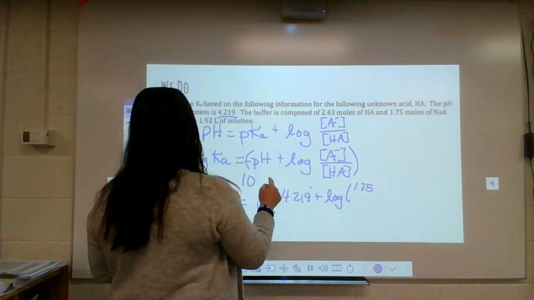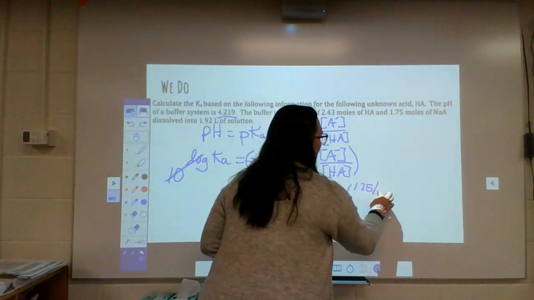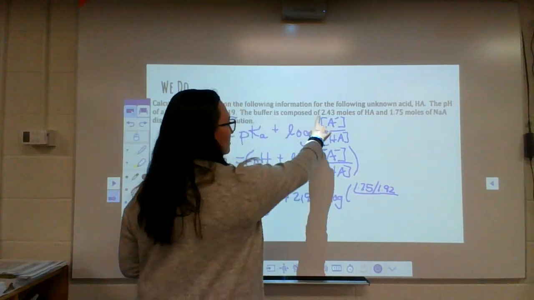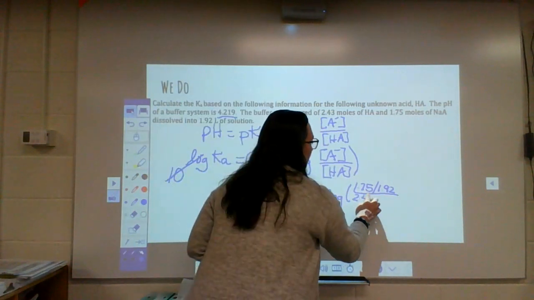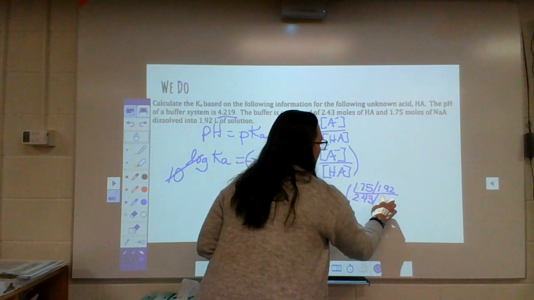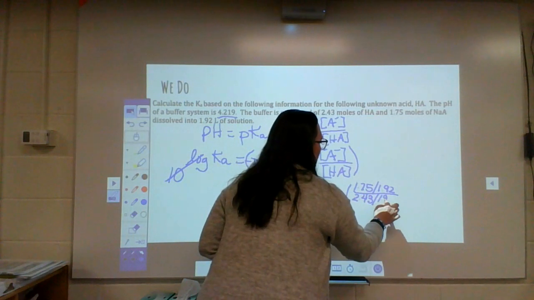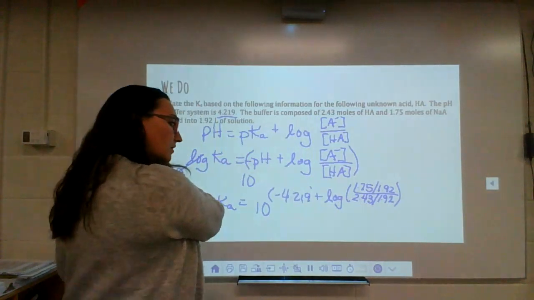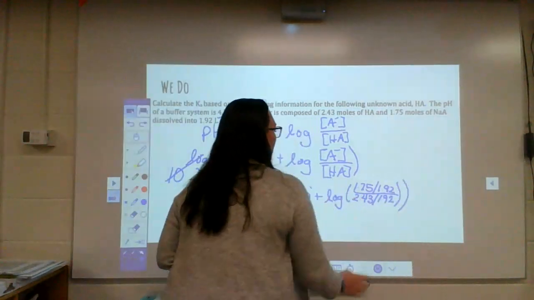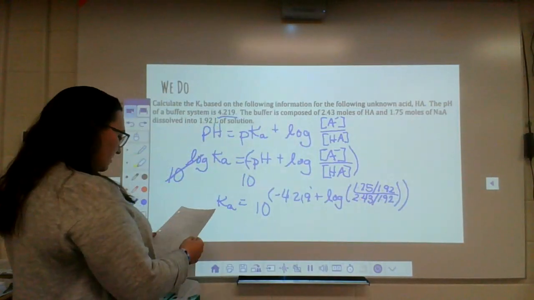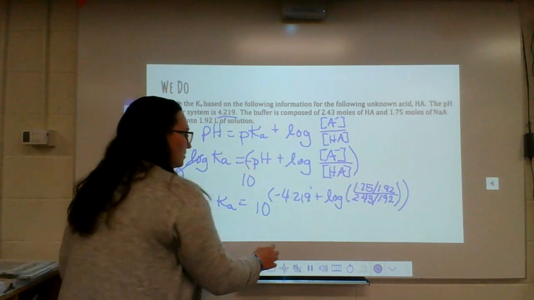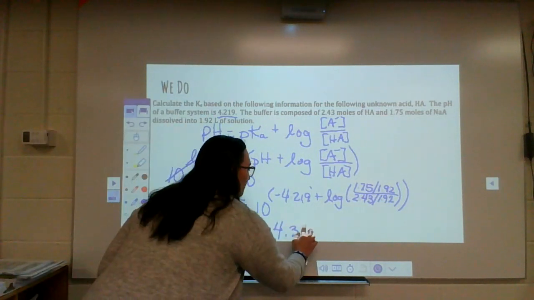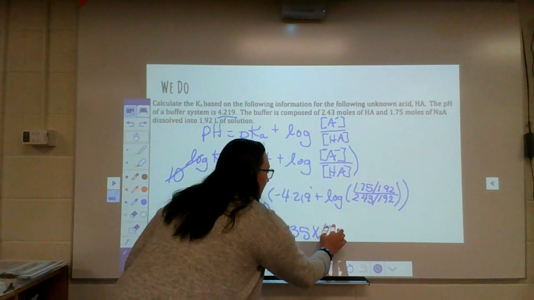And this is moles, so I need to divide by the number of liters, 1.92, all over 2.43 moles divided by the number of liters. And so I'm going to put this whole thing in my calculator, and it turns out that the Ka is equal to 4.35 times 10 to the negative fifth power.